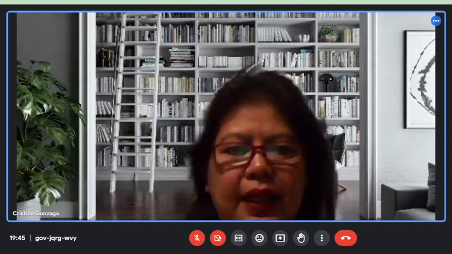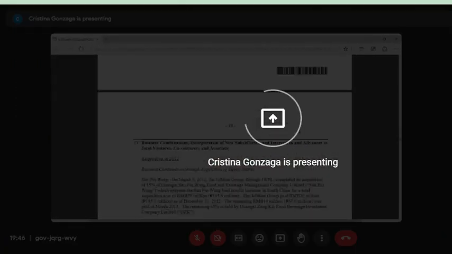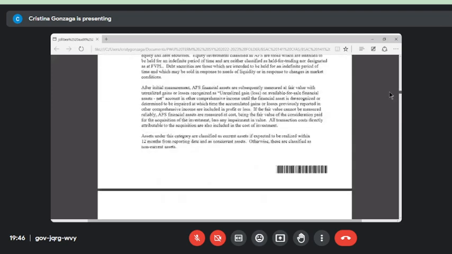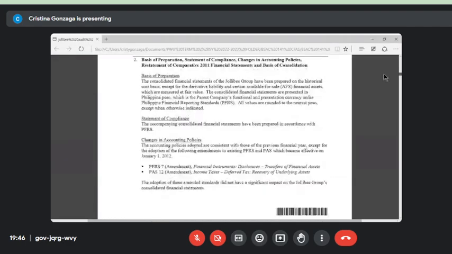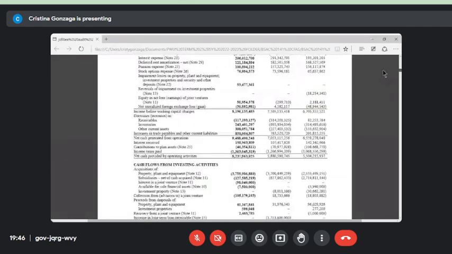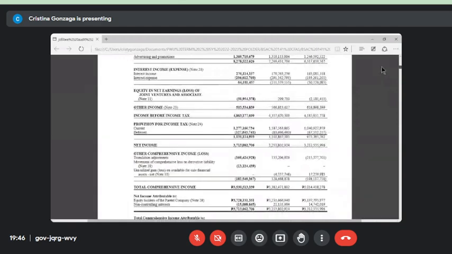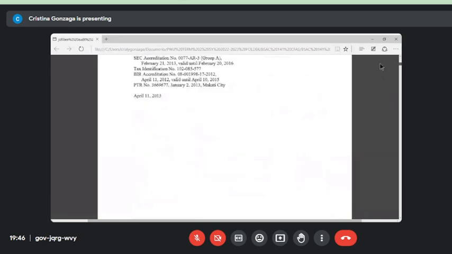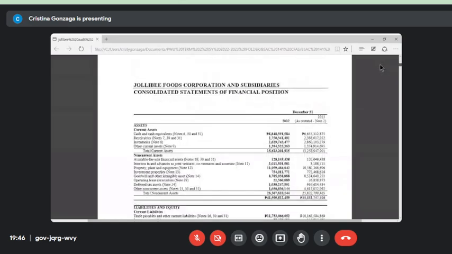Jollibee. Ayan. Tingnan natin ang investment property, kung mayroon siyang disposal or whatever movement. Nasaan ang investment property nito? Tingnan natin sa statement of financial position. Ayan. Maghanap nga tayo ng note number 13. Ayan ang investment property ni Jollibee ng 2012 and 2011.